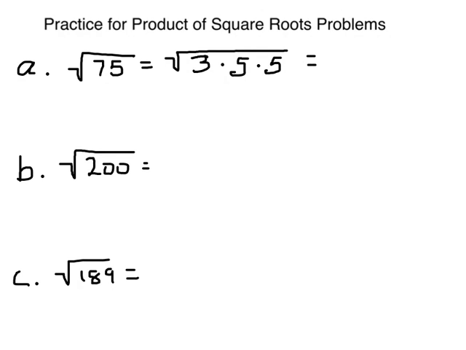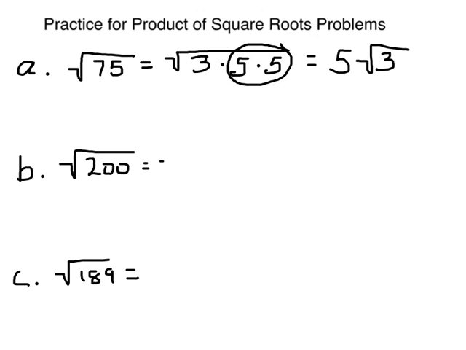Well, I could also say the square root of 5 times the square root of 5 is 5, and then what do I have left? I have the square root of 3. So 5 times the square root of 3 is the square root of 75.